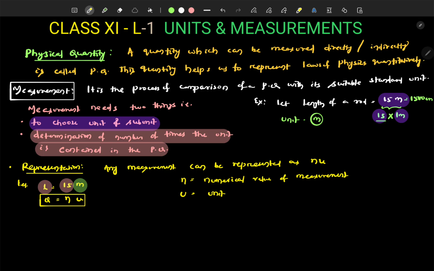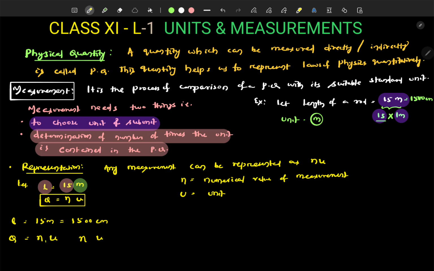Another thing is this 15 meter can be written as 1500 centimeter. So L is equal to 15 meter and it can be written as 1500 centimeter. If length is the physical quantity, 15 is N and meter is U. Also in 1500 centimeter, 1500 is the numerical value and centimeter is the unit.